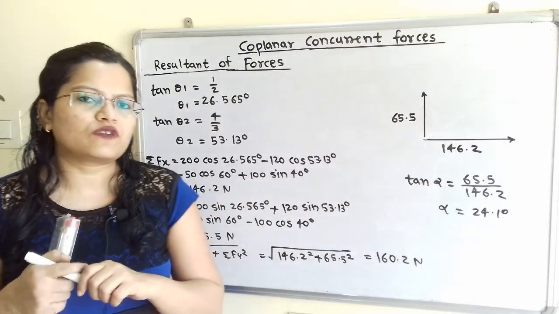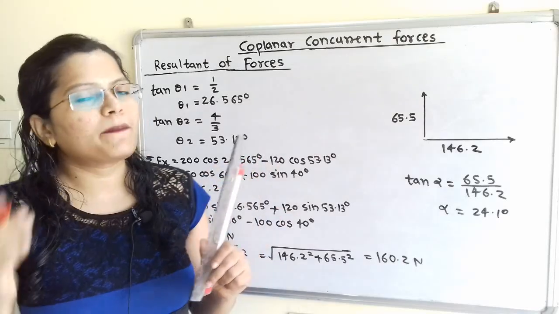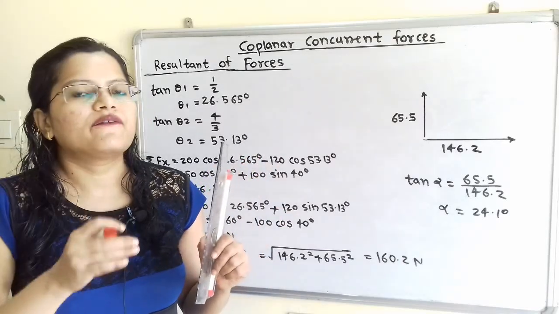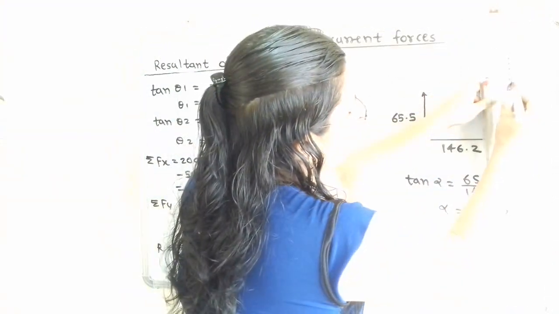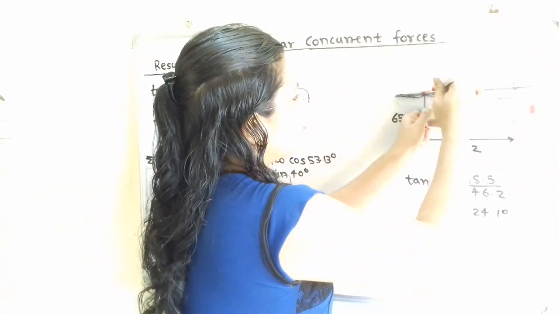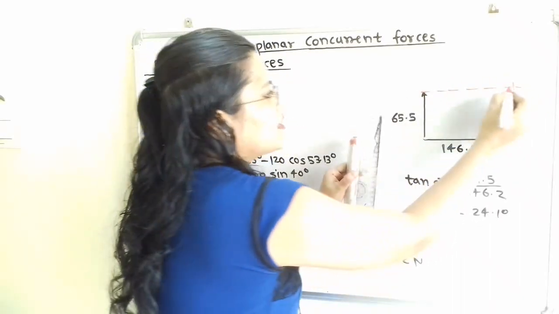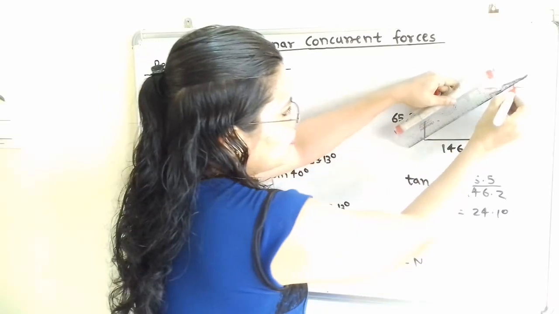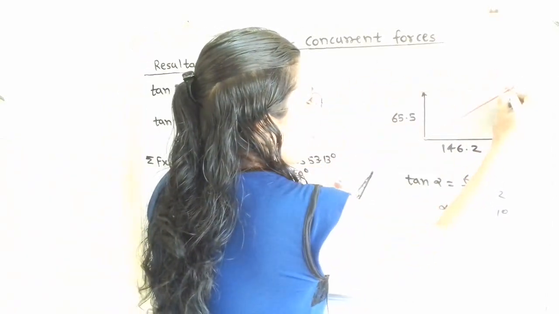With the parallelogram law, we will find the resultant R. I will draw a vertical line from the end point of the horizontal component, and a horizontal line from the end point of the vertical component. Here is the point of intersection, and this is the resultant R.